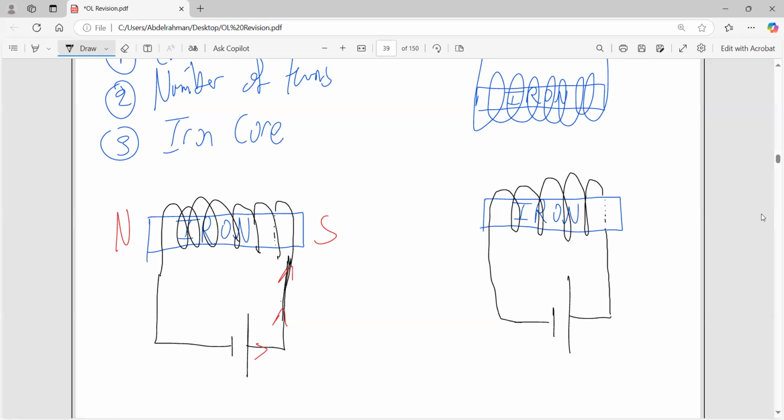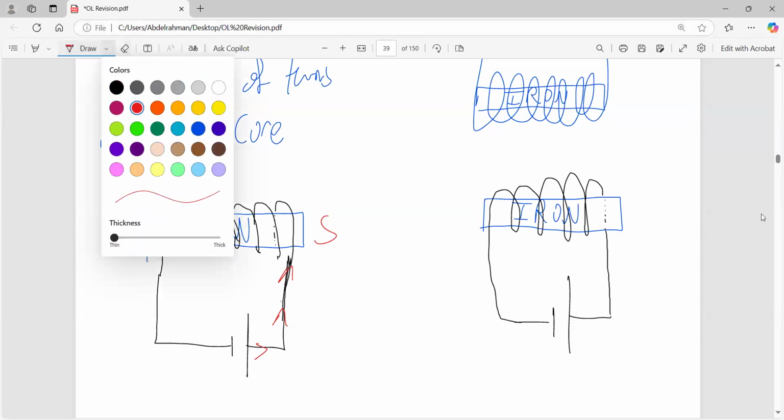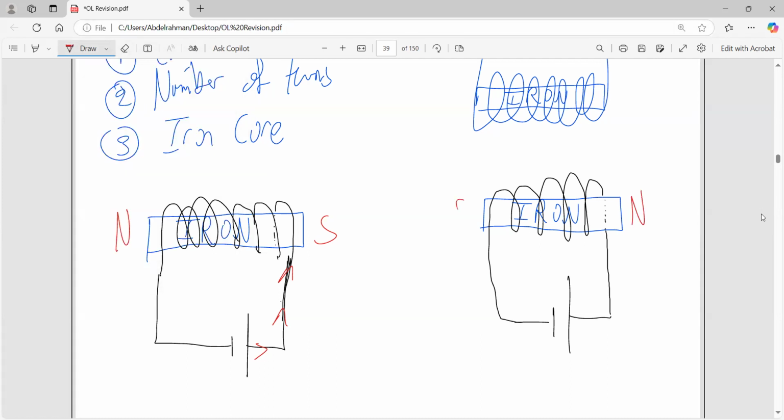If it's moving above the core, it's like the first drawing. If it's moving below the core, it's like this drawing, in which the coil moves below the iron bar. So if you have your right hand rule grip, then the North Pole would be on the right hand side, and the South Pole would be on the left hand side.